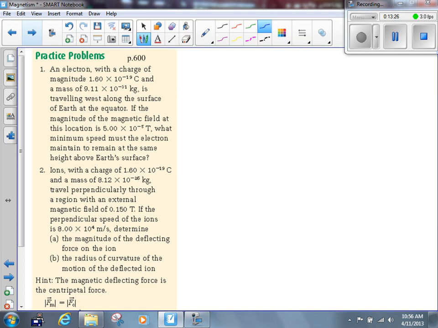What is the upward force? As this charged particle moves through this magnetic field, what provides the upward force? Gravity is the downward force. The magnetic force is the upward force. So for question number 1, we're going to say the magnetic force equals the gravitational force.